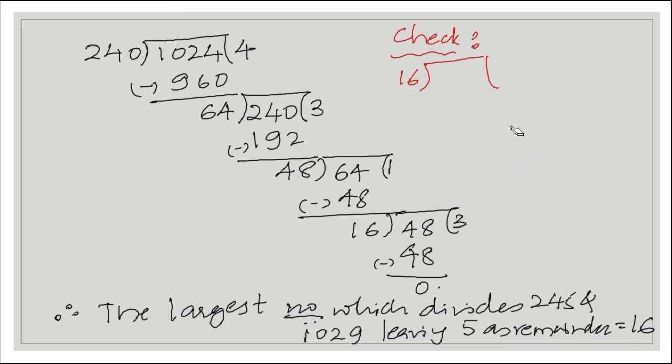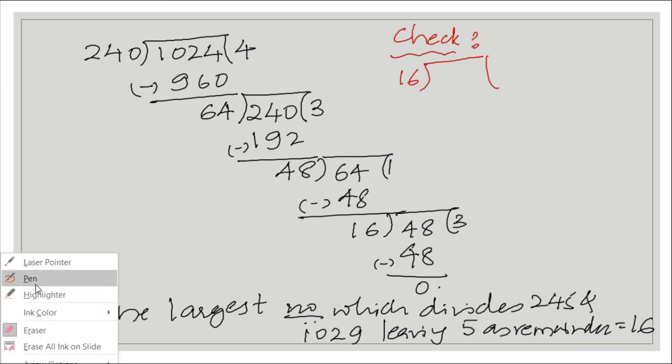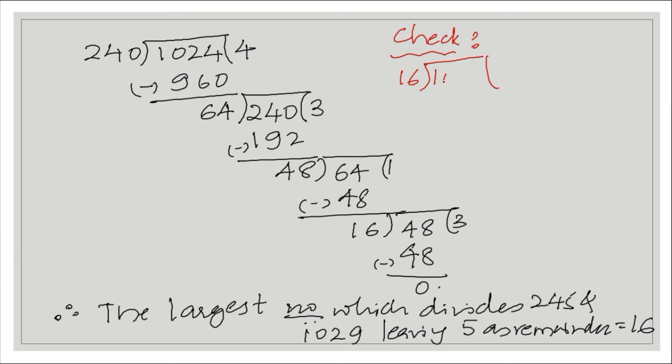So let me consider 1029 now. Let me divide 1029 by 16. 16 6s are 96, it is nearer to 102, so 16 6 times is 96.